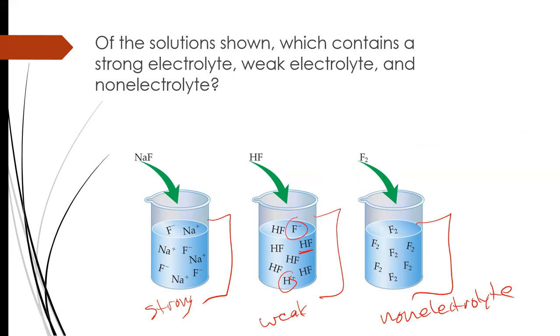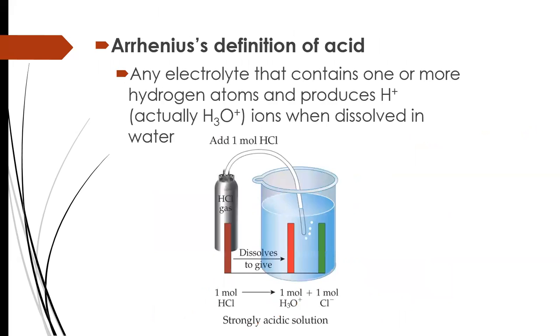Now, the reason why we wanted to review that is because our acids and bases are going to go through the same type of classification. The first and simplest definition of an acid is our original definition, the Arrhenius definition. It's defined as an electrolyte that contains hydrogen atoms, so when we dissolve it, it's going to produce this H plus ion inside of that water.